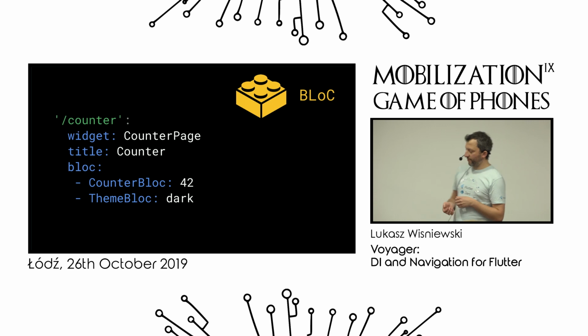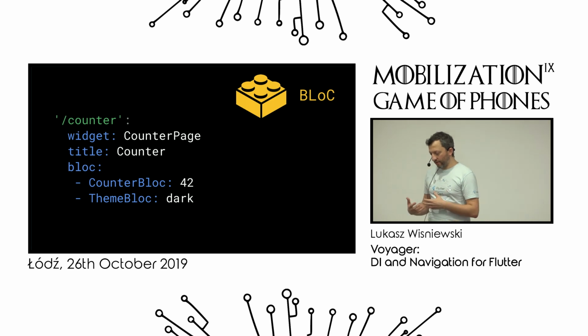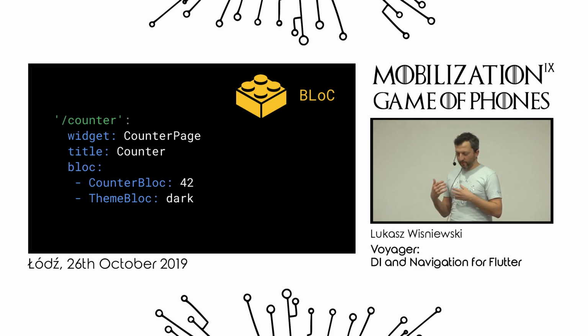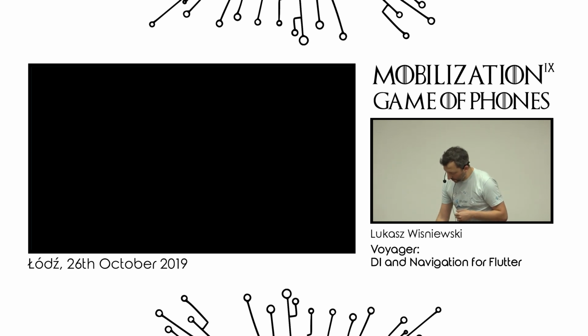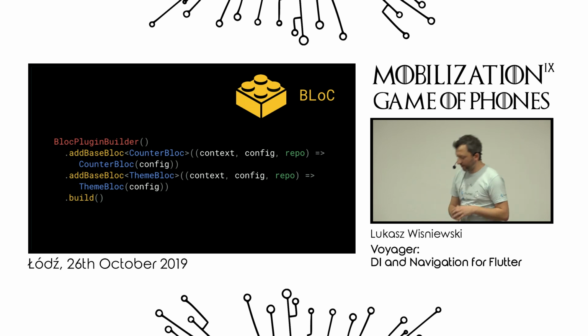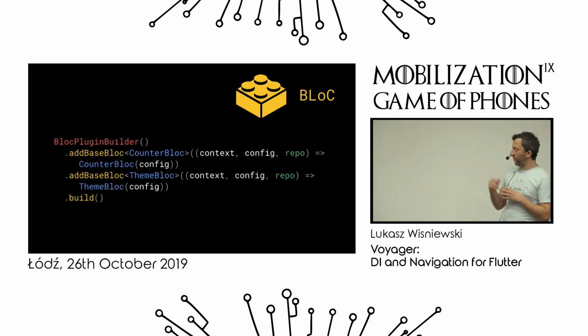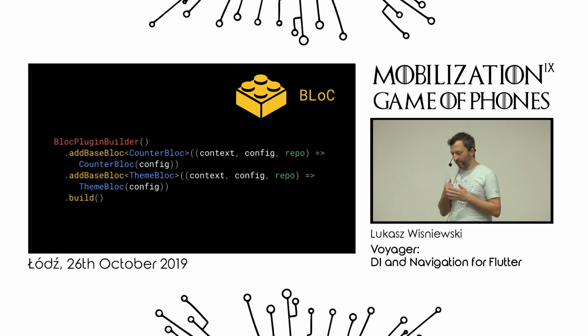Now what you can do with Voyager is specify what kind of blocs you want to use, how many of them, and supply an initial state for them. So what you need to do is use Bloc plugin builder and specify mappings for the text values in the code.